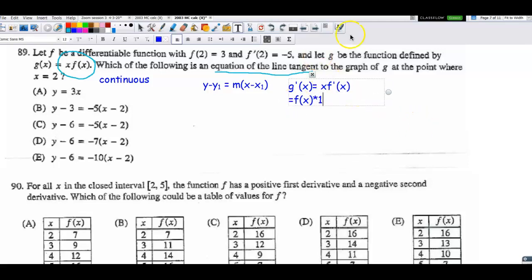And we don't have to write the 1 there, but I'm just doing it for emphasis. And then we wanted to find that value at 2, so we can substitute a 2, substitute a 2, substitute a 2, and substitute a 2. So we know from up here that f of 2 is 3, and we know that f prime of 2 is negative 5. So that's going to be 2 times f prime of 2 is negative 5.